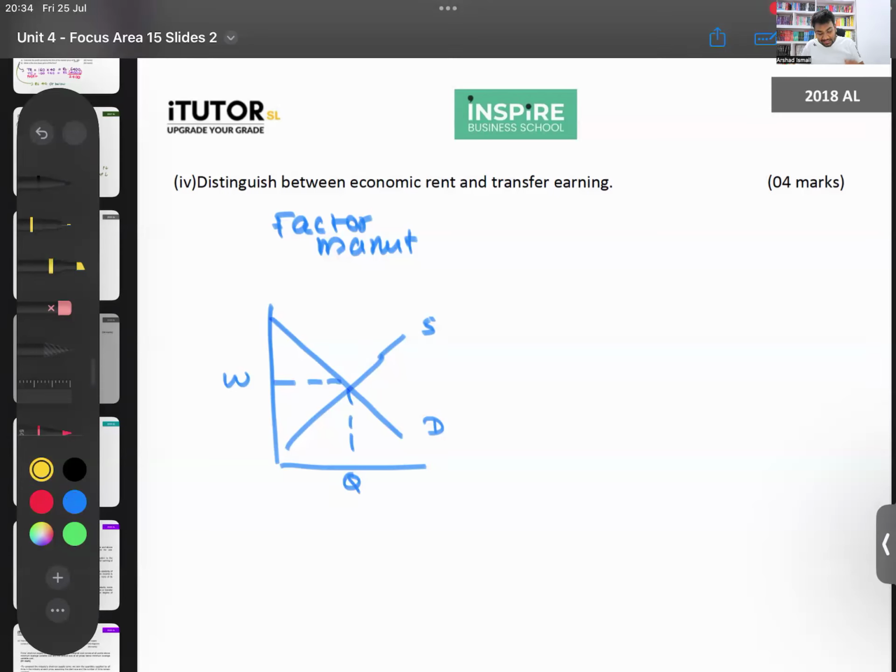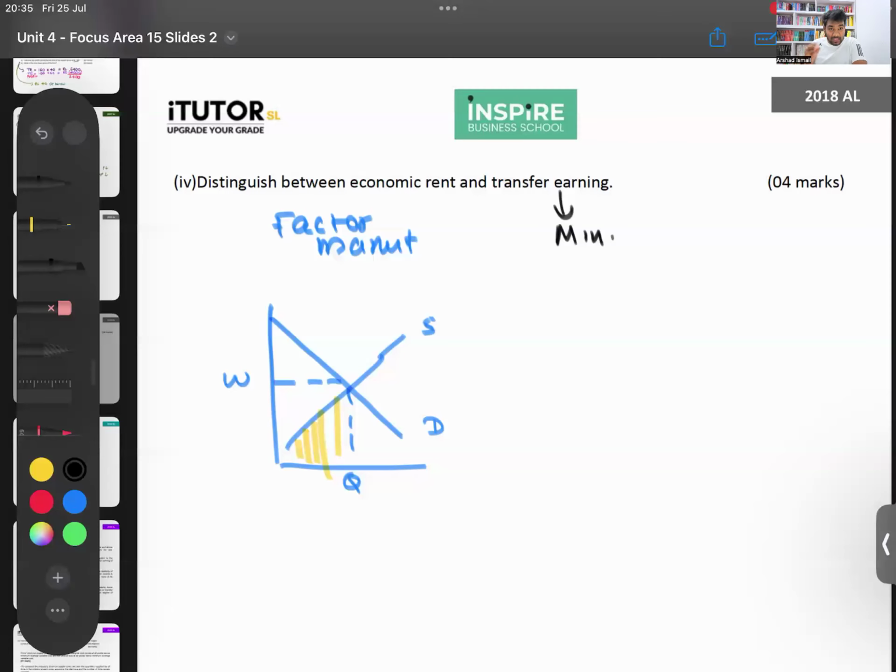So what is transfer earnings? Transfer earnings is this yellow shaded area. That is the minimum a factor of production would expect in order to supply its factors. Now, if I'm going to supply my labor, I will say, to work for 1 week, minimum I want this. 2 weeks, then minimum I want this.